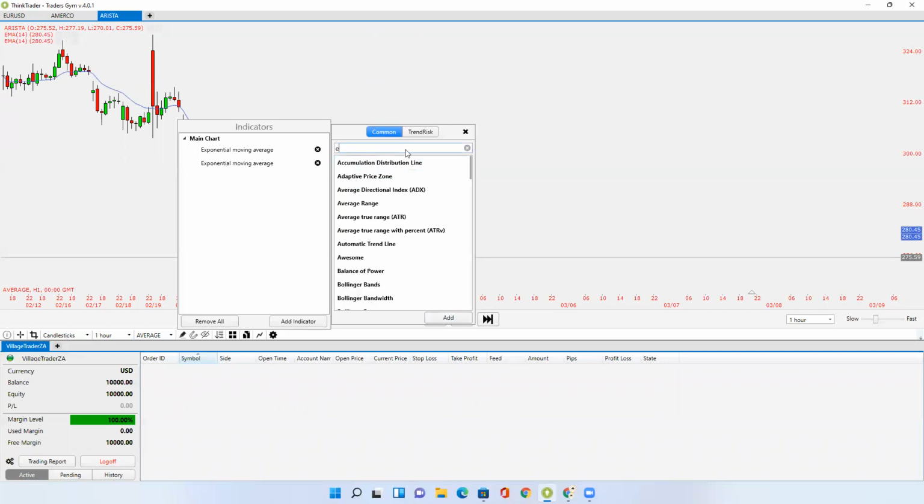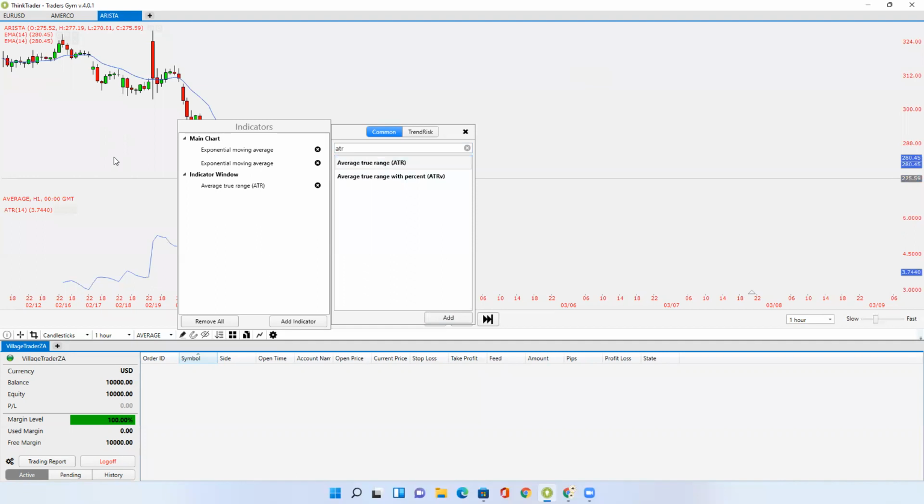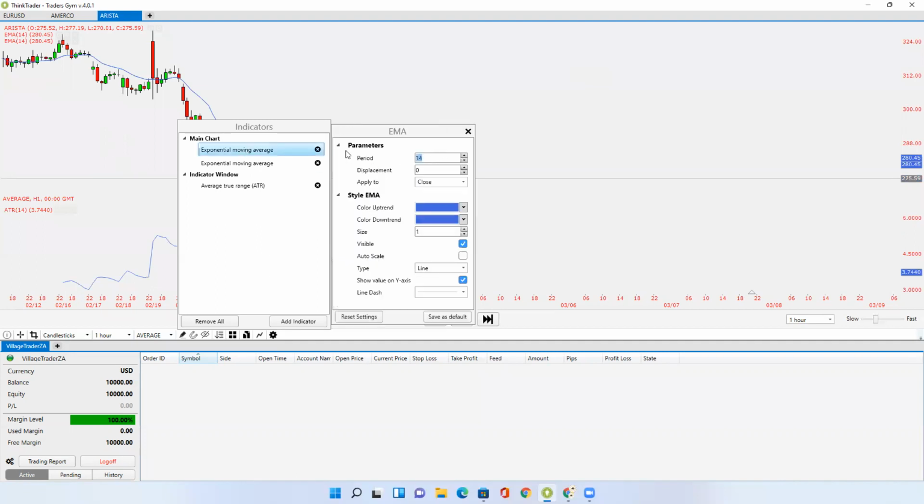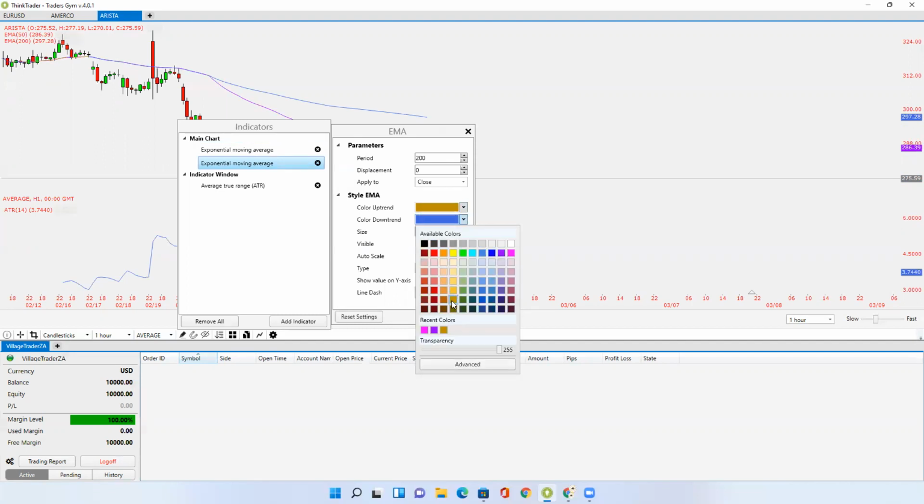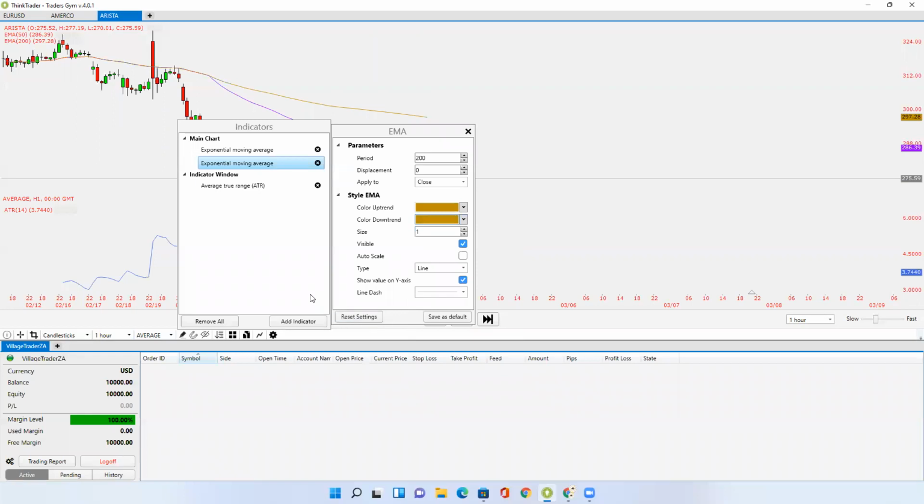So I'm going to add an HR for you as well. If you need it for reference, let's change that to 15. Let's change that to 50. And let's change that to 200. Cool.